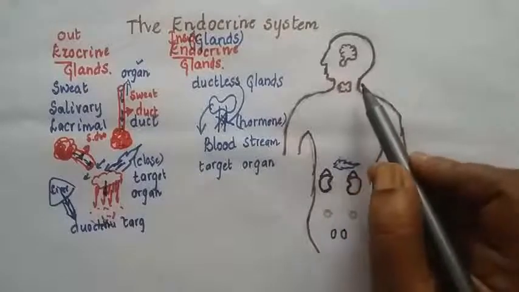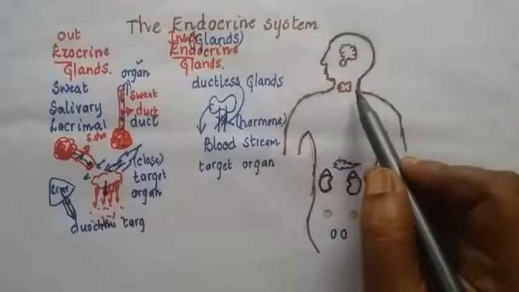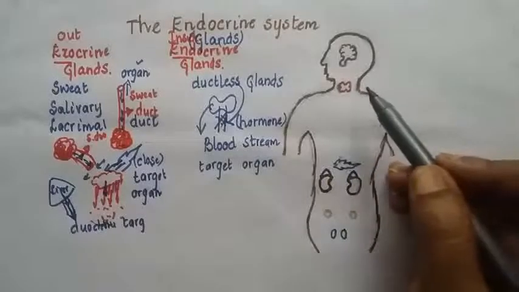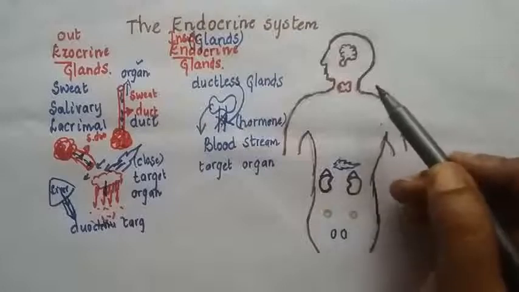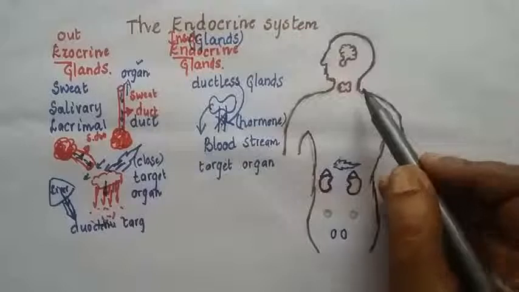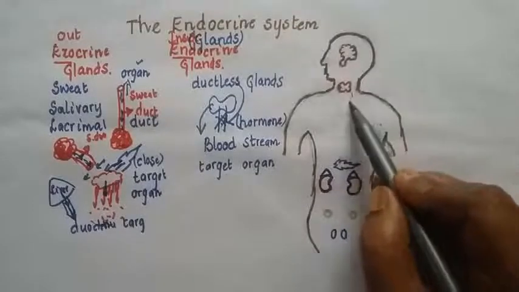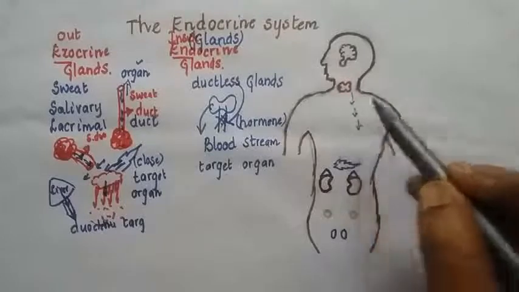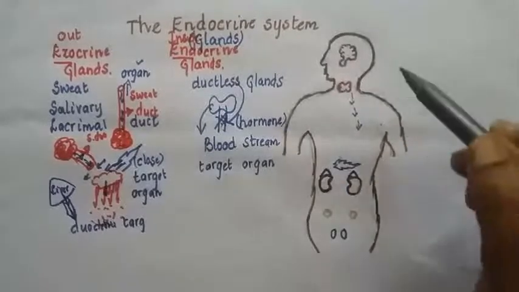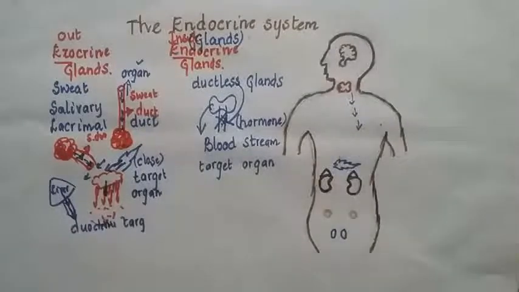It secretes a hormone known as thyroxine, and one of the functions of thyroxine is to help in maintaining the body temperature or helping in the cellular respiration. Though it is secreted in the neck region, the hormone is circulated to all the parts of the body, to all the cells of the body to help in the cellular respiration.